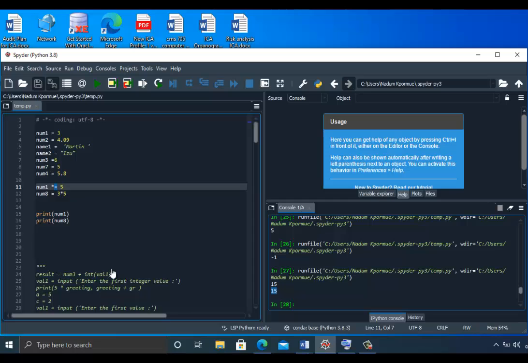So I believe with this we've been able to grasp the concept of a compound operator, where you bring an arithmetic operator and an assignment operator together.